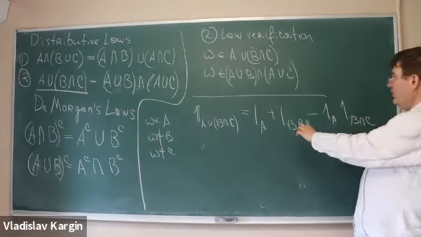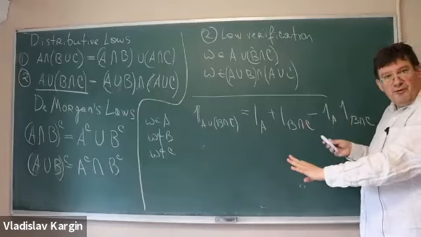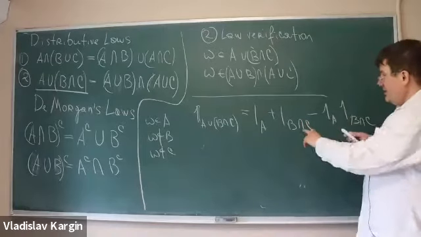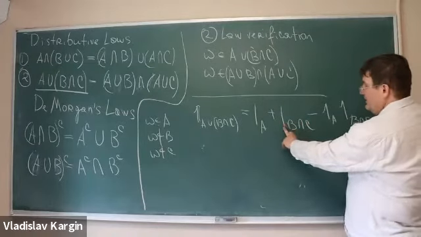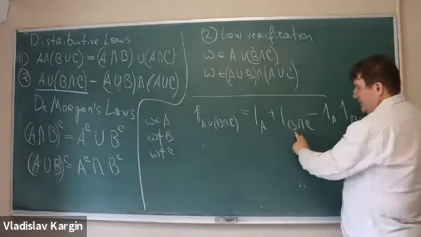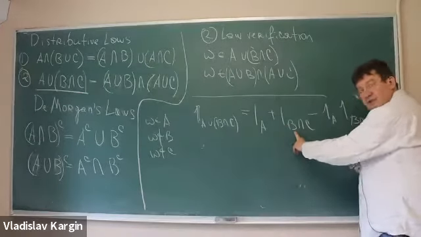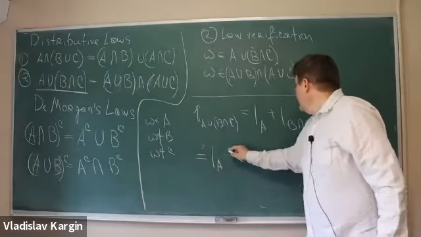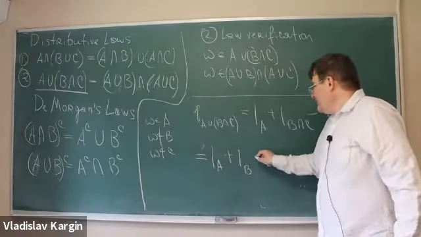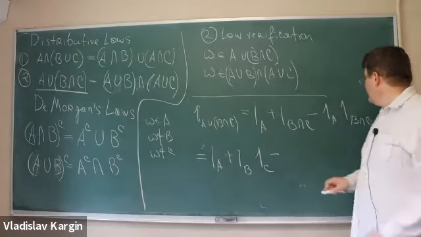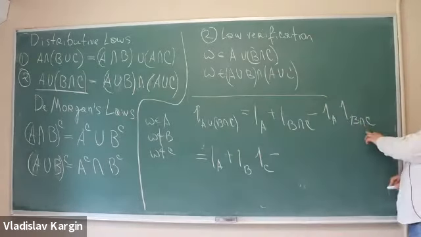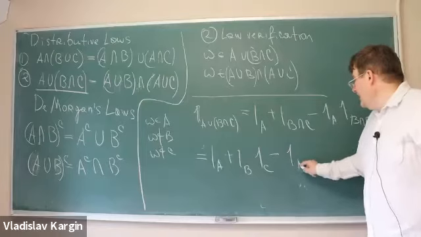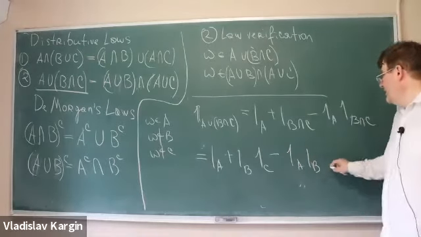Now I want to write everything in terms of A, B, and C. The indicator function of B intersect C is just a product. So this equals 1A plus 1B multiplied by 1C, minus, with the same product, 1A, 1B, 1C.